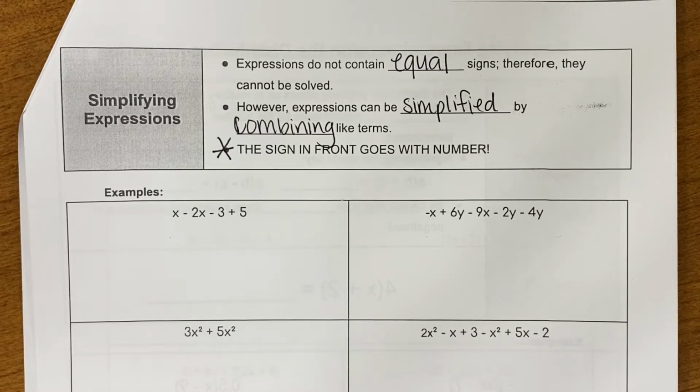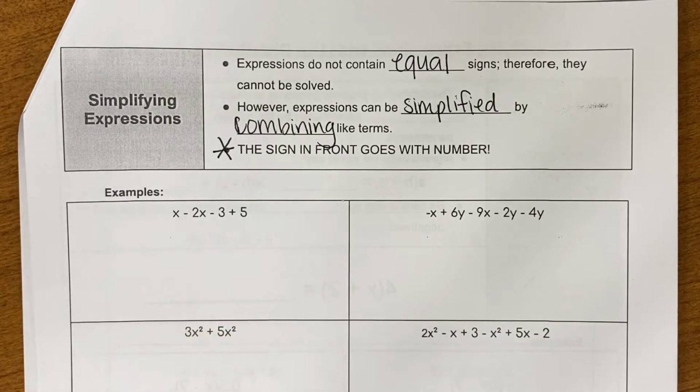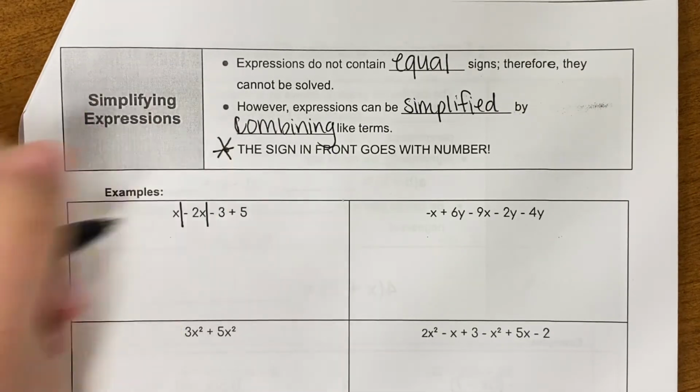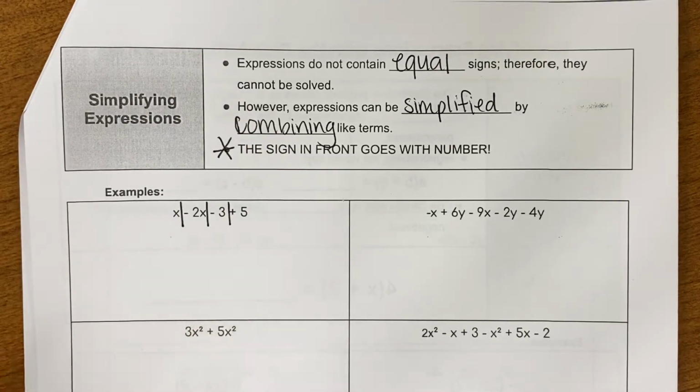Whenever I am simplifying expressions, I like to draw lines to separate the different terms. For example, right here I have x minus 2x minus 3 plus 5. My terms are separated by plus or minus signs. So x is a term, negative 2x is a term, negative 3 is a term, and plus 5 is a term. Now I'm going to combine my like terms.